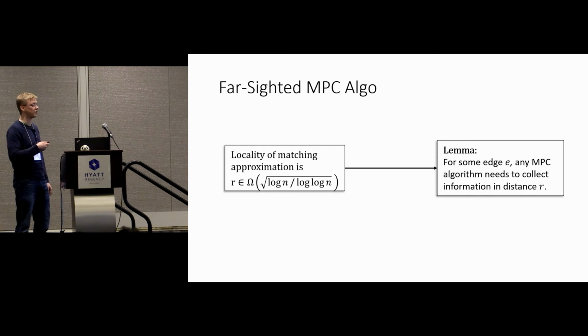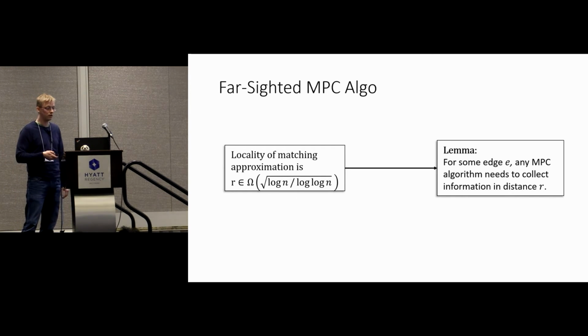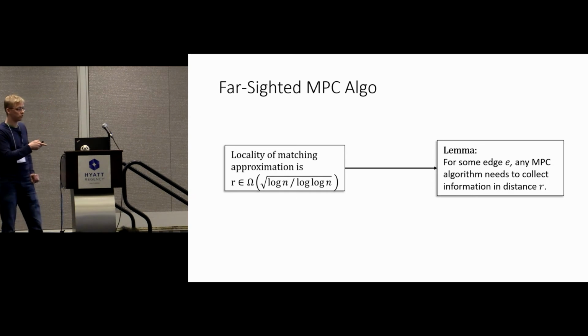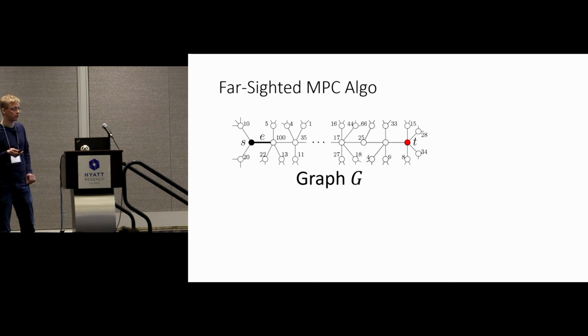Like even what does it mean to figure out some information in this MPC model is a bit less nice than in the local model. But let's just now take this for granted, and I'll show how to use it, because that's perhaps more exciting.